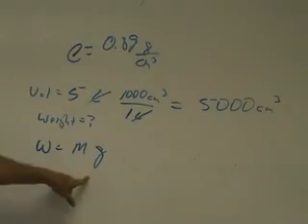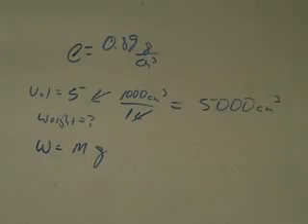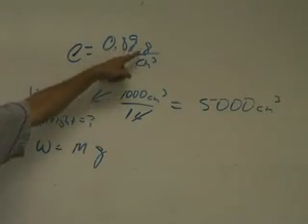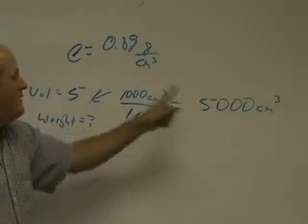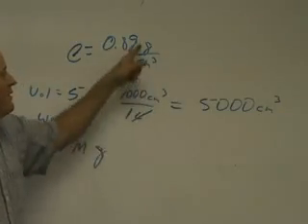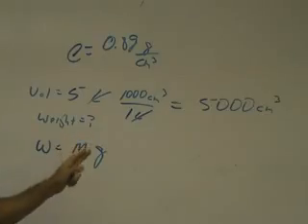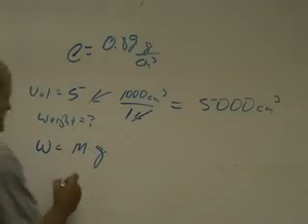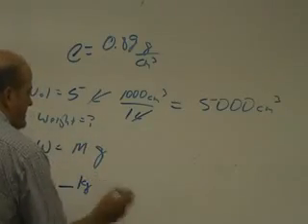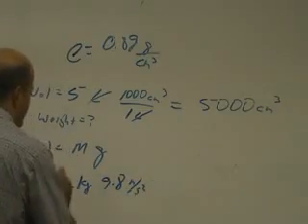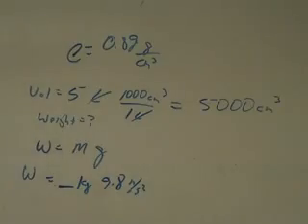We know gravity, 9.8 meters per second squared, right? We've got grams per centimeter cubed, and we've got centimeter cubed. We multiply these two, we're left with grams, and that's the mass we want. So we get the grams, and we want to convert that into kilograms. So then we're going to have something kilograms times 9.8 meters per second squared is equal to the weight.